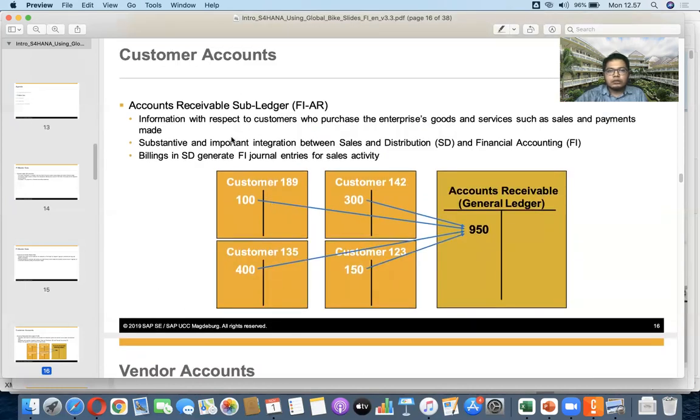The account receivable is when we already sold but have not yet received the payment. It keeps the record of that, the money that we will receive later on.